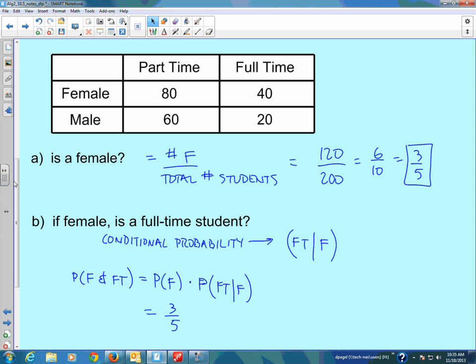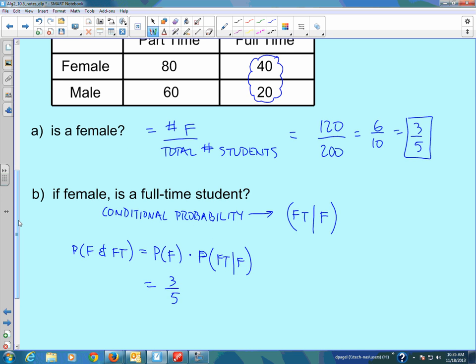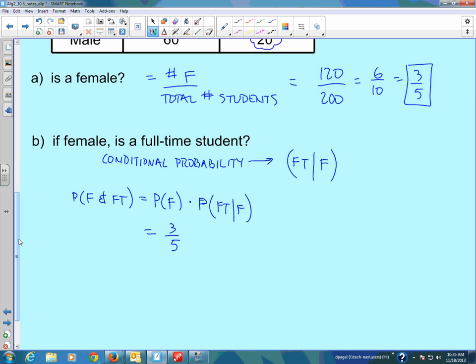So maybe some people look at the problem here and determine that that conditional probability would say, let's take a look at all of the females, both part-time and full-time. That would be 120 total. But I don't want to consider part-time students. I only want to consider full-time students. So the full-time students becomes my total outcome, meaning out of my full-time students, male and female, I have 60 total full-time students, and I only want out of that full-time group a female.